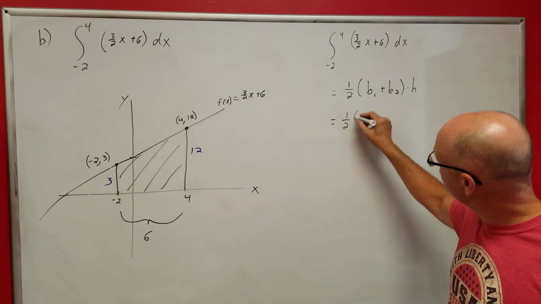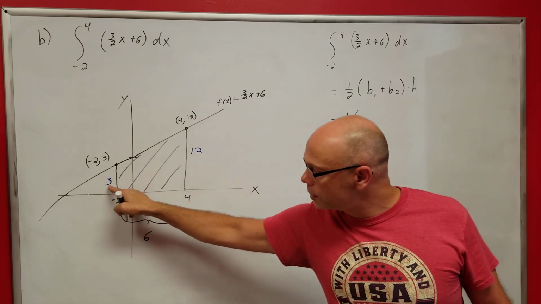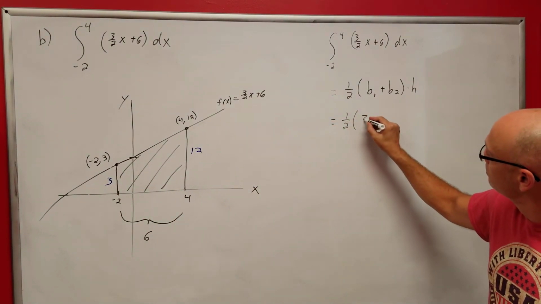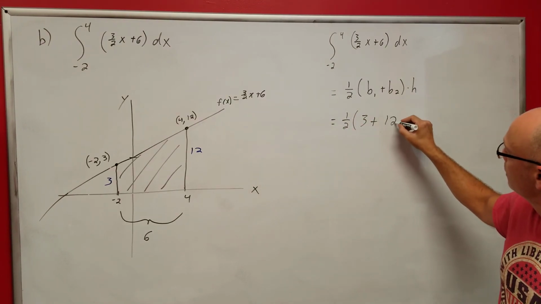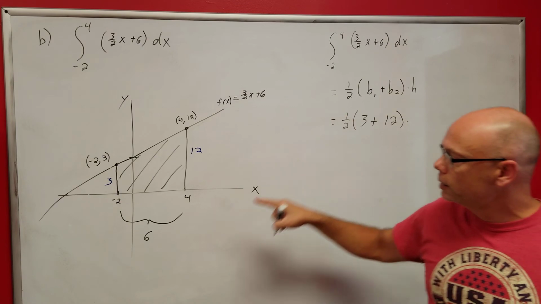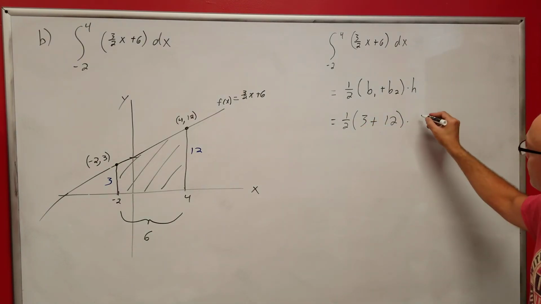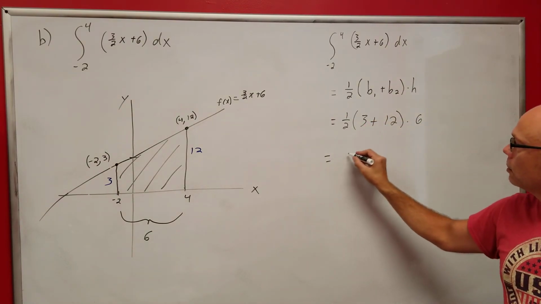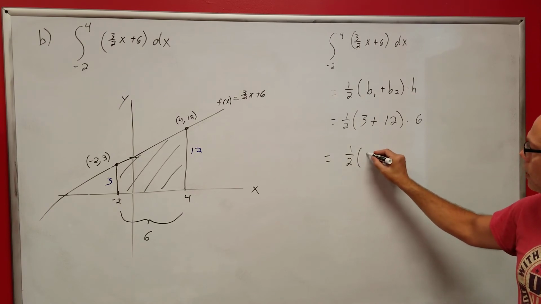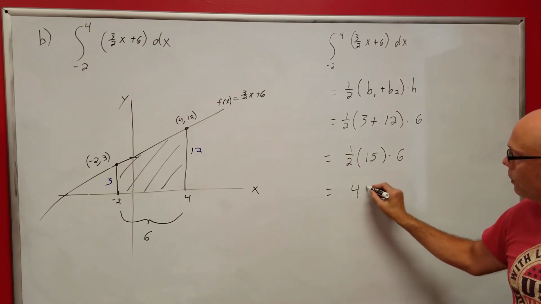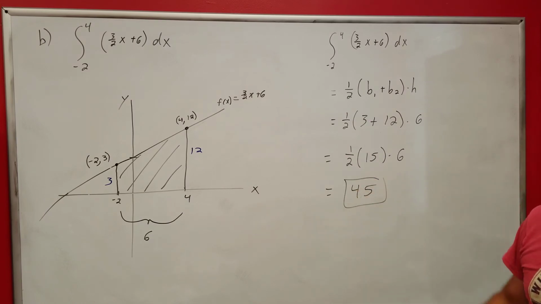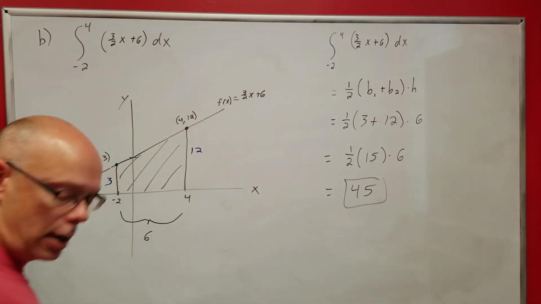So that's 1/2 times base 1, which I could say is 3, plus base 2, which I could say is 12, times the height of what? 6. So what does that give me? 1/2 times 15 times 6, and what does that give me? 45. So the area here is 45.